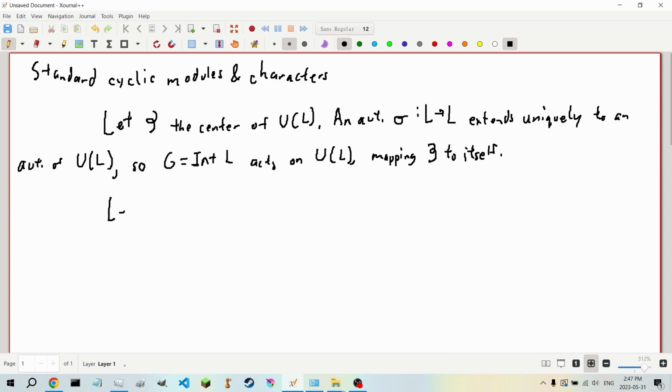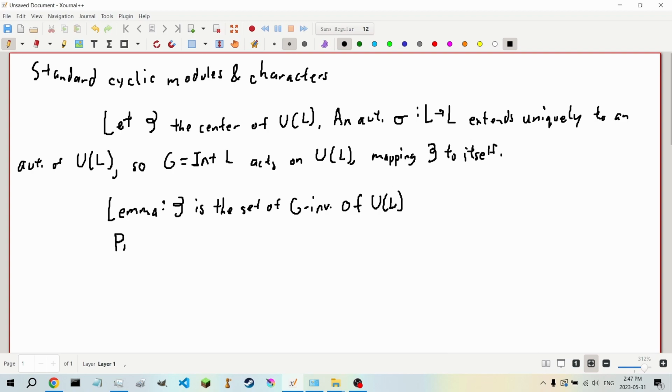Alright, and then we get a lemma right off the bat, which is this is the set of interior automorphism invariants of the universal enveloping algebra of L.